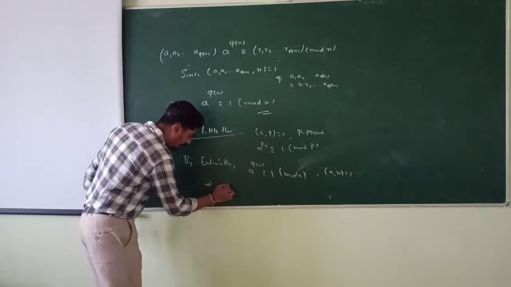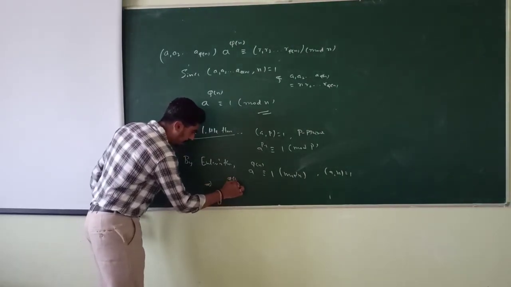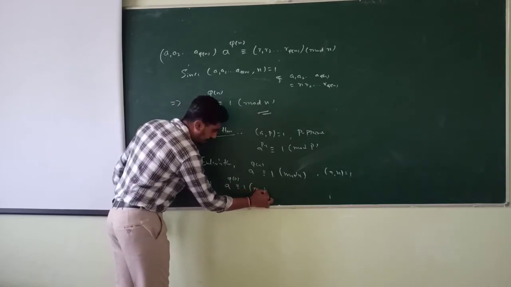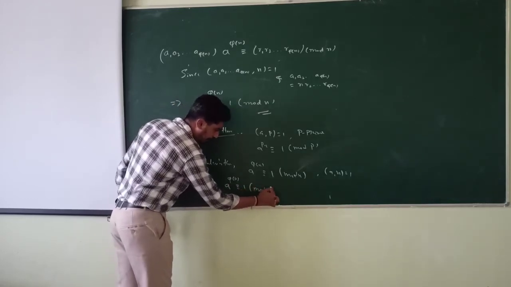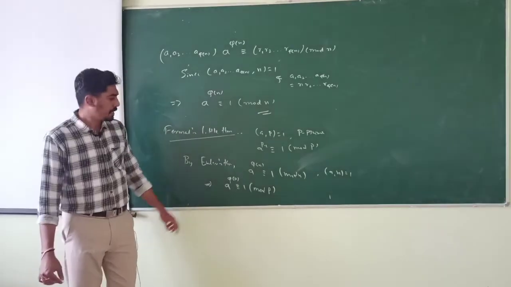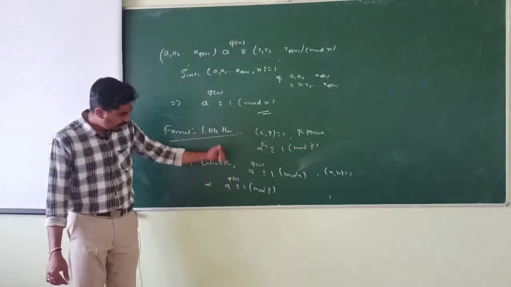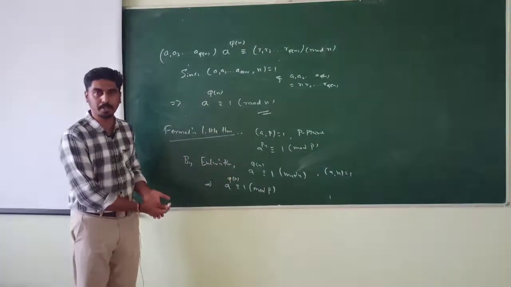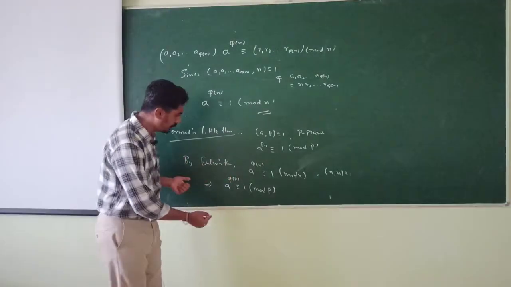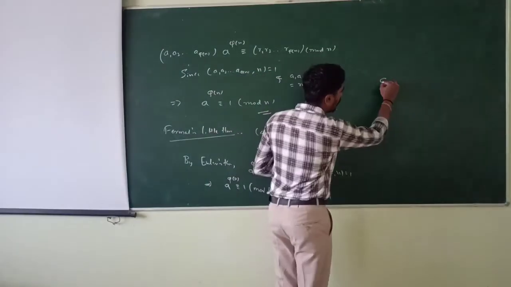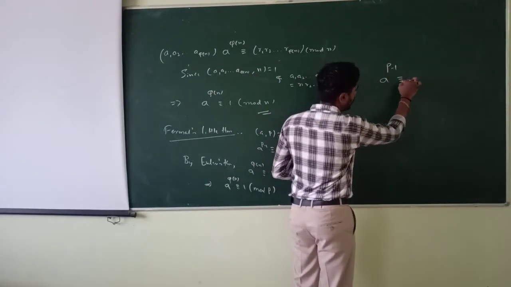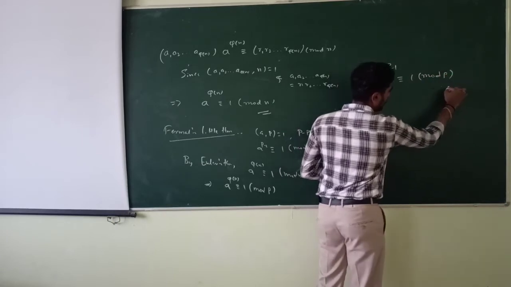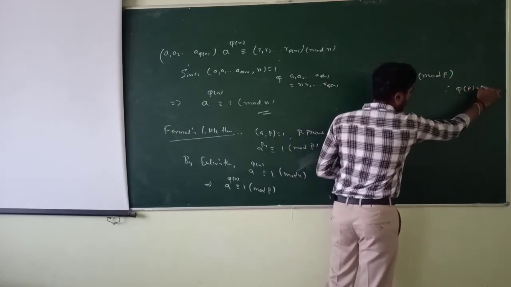So we get a to the power of phi of p is congruent to 1 modulo p. But since p is a prime number, all the positive integers less than p are relatively prime to p. Therefore we have a to the power of p minus 1 is congruent to 1 modulo p. This is because phi of p is p minus 1.